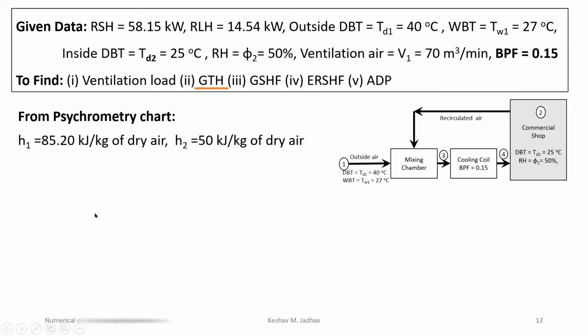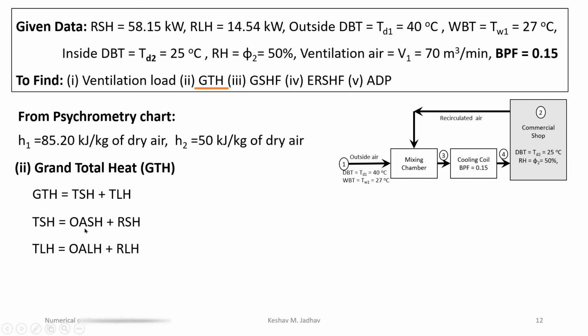Now we have to calculate grand total heat. Grand total heat is the addition of total sensible heat and total latent heat. Total sensible heat is equal to outside air sensible heat plus room sensible heat, and total latent heat is equal to outside air latent heat plus room latent heat. The room sensible heat and room latent heat are given in the numerical, and just now we have calculated outside air sensible heat and outside air latent heat.